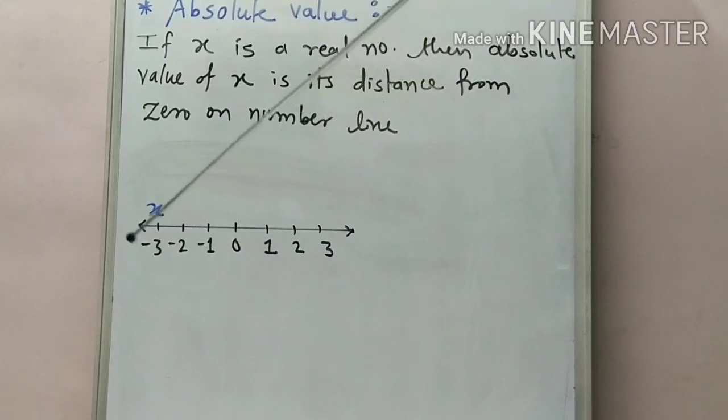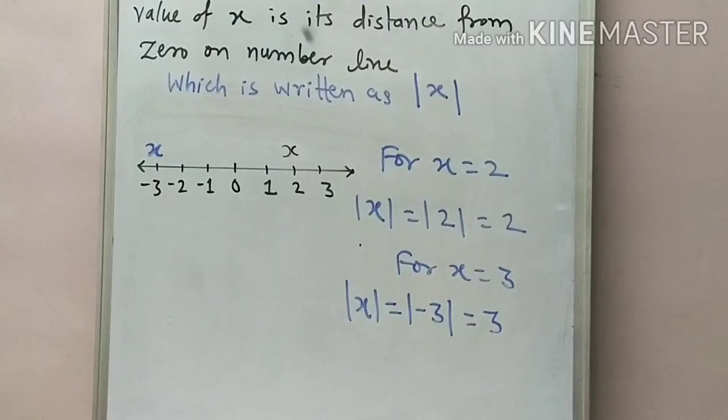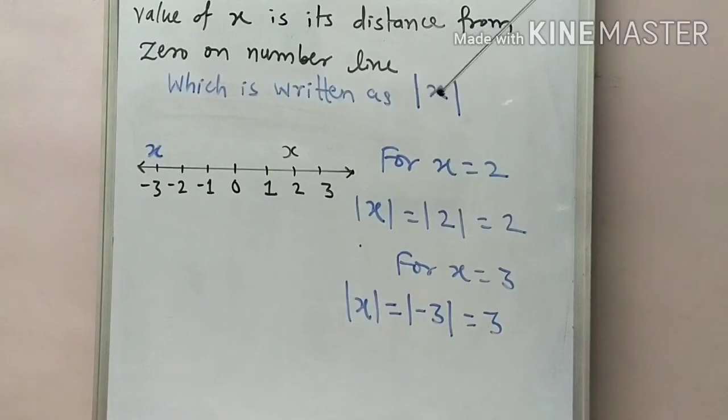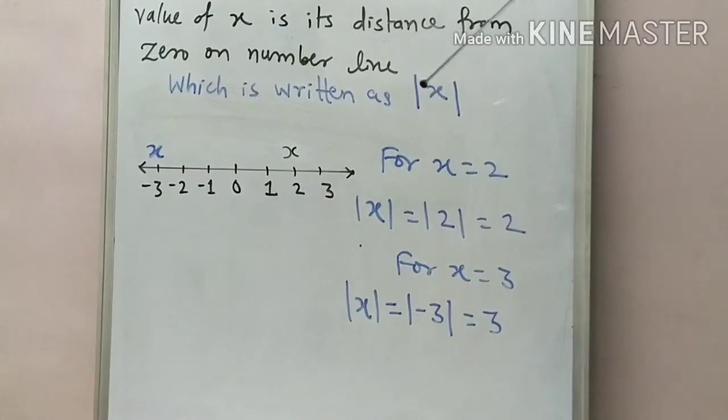Okay, and hence how we write down the absolute value, that we see here, the absolute value is what, the value which is the distance from 0 on the number line, and it is written using these 2 parallel segments and the value in between. Okay, so we read it as absolute value of x, or also it is read as modulus of x.